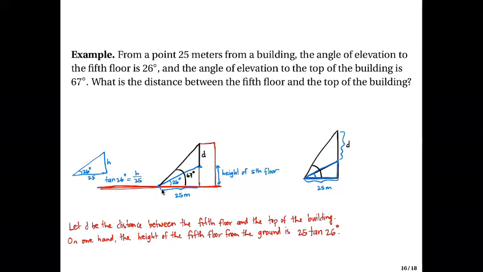That's why you have 25 times tangent 26 degrees as your h. So let us approximate this: 25 times tangent 26 is roughly 12.1933.